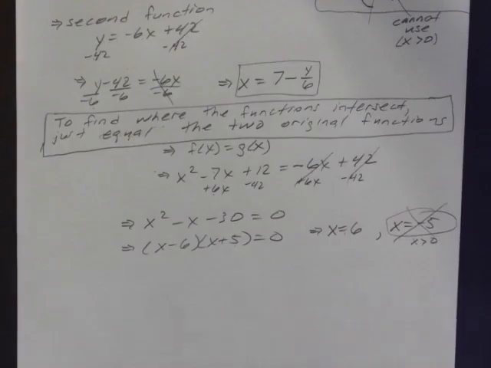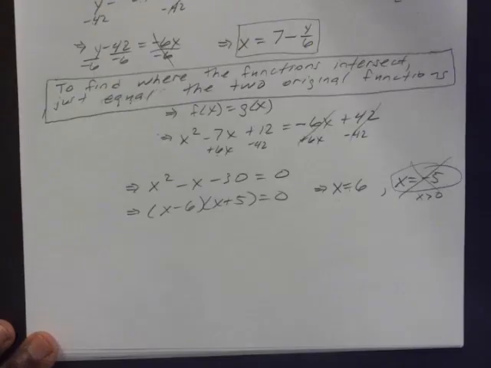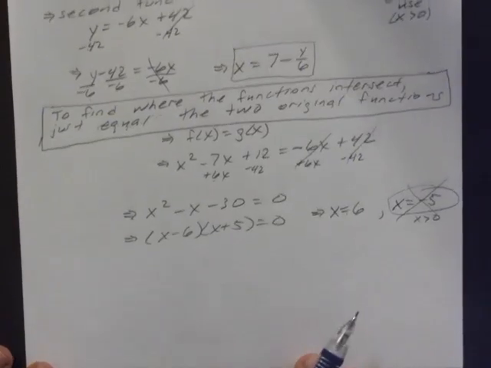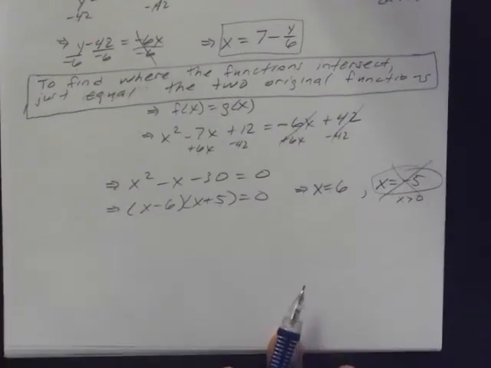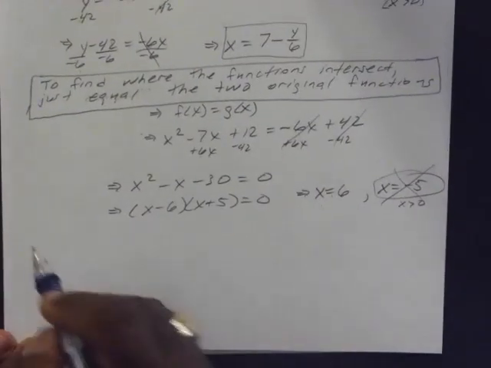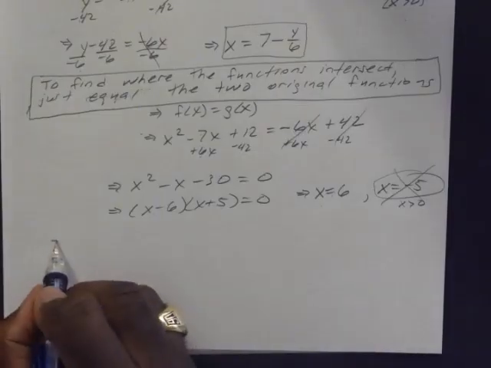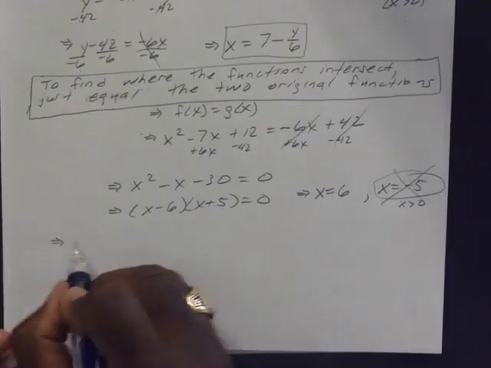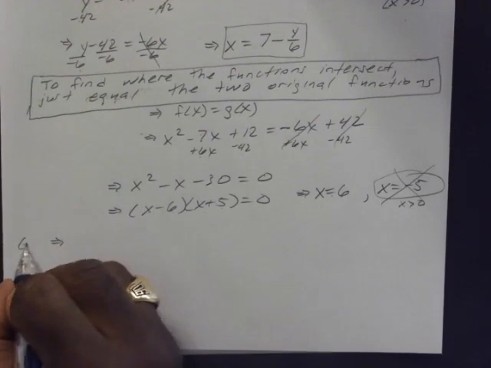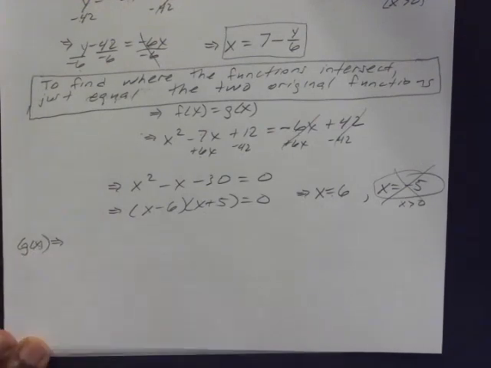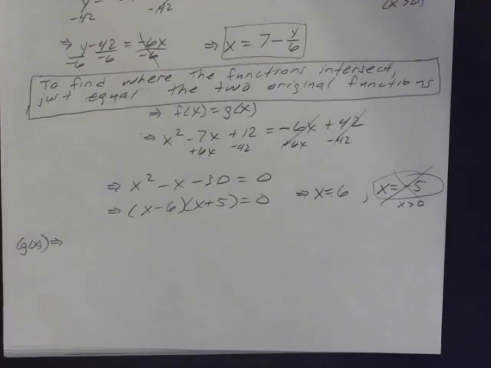We just plug this into either one of our y functions. Out of the two, the g of x function is the easier to work with, so we'll just use that one. It gives you the same answer for either one. We can use our g of x function, but we'll just call it y.